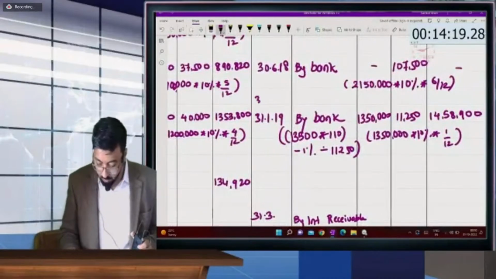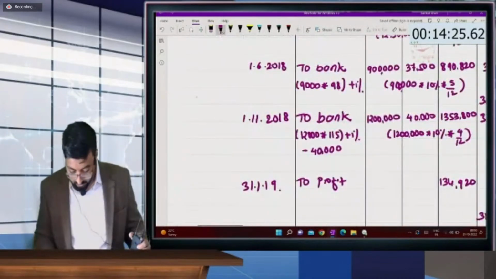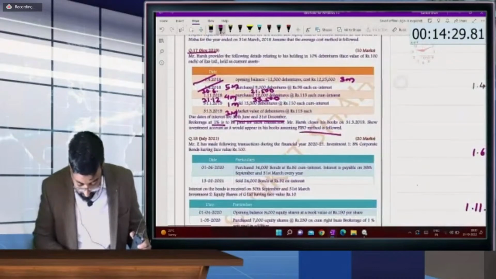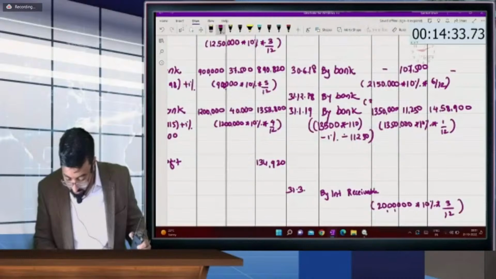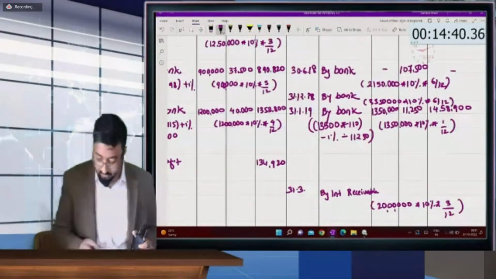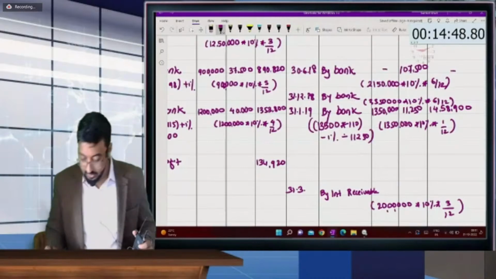That's why this line is important: 31st December 18, by bank. 31st December into 10% into 6 by 12, 33 lakh, 10%, 167,500.